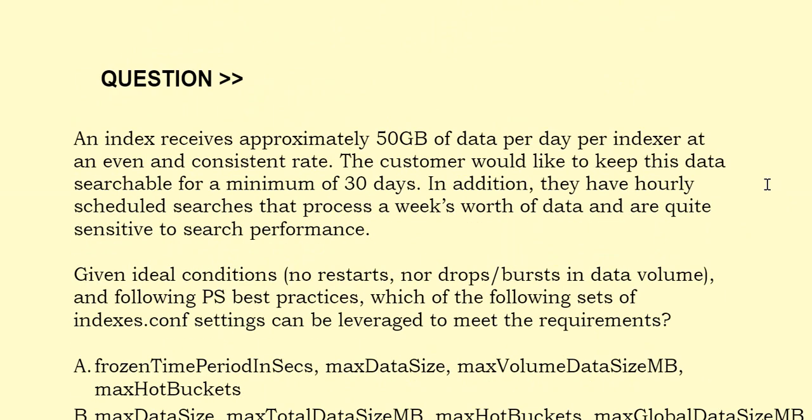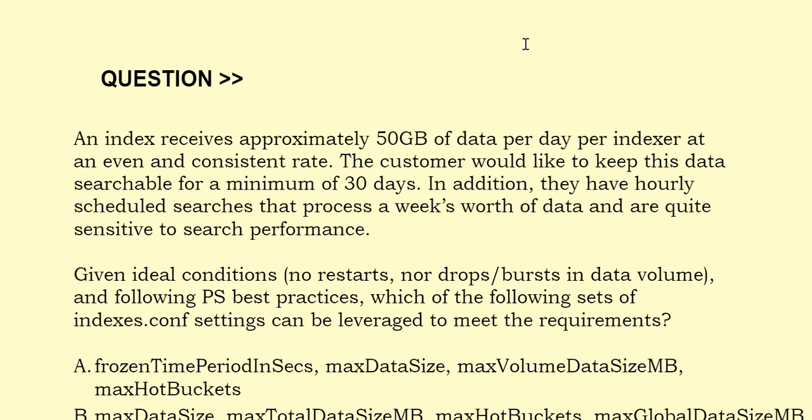Our next question is: an index receives approximately 50 GB data per day per indexer at an even consistent rate. The customer would like to keep this data searchable for a minimum of 30 days.